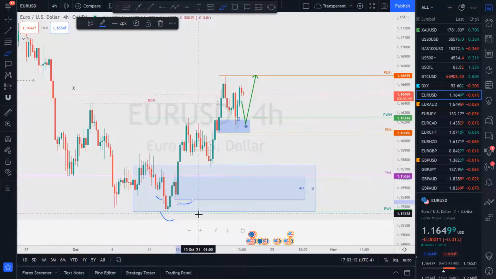Price transitioned from bearish momentum to bullish momentum. We made higher high, higher low, higher high. Higher low is what I was anticipating for price to continue higher. This is the higher time frame mandate to the lower time frames.